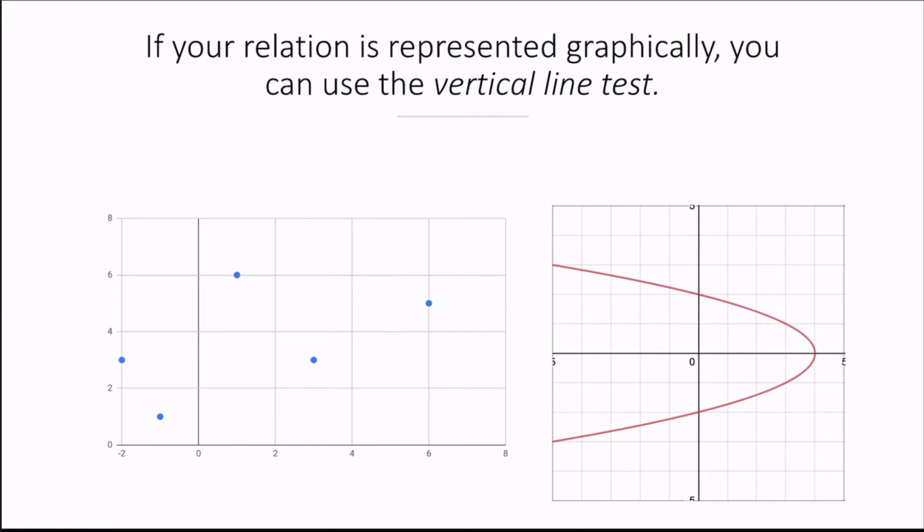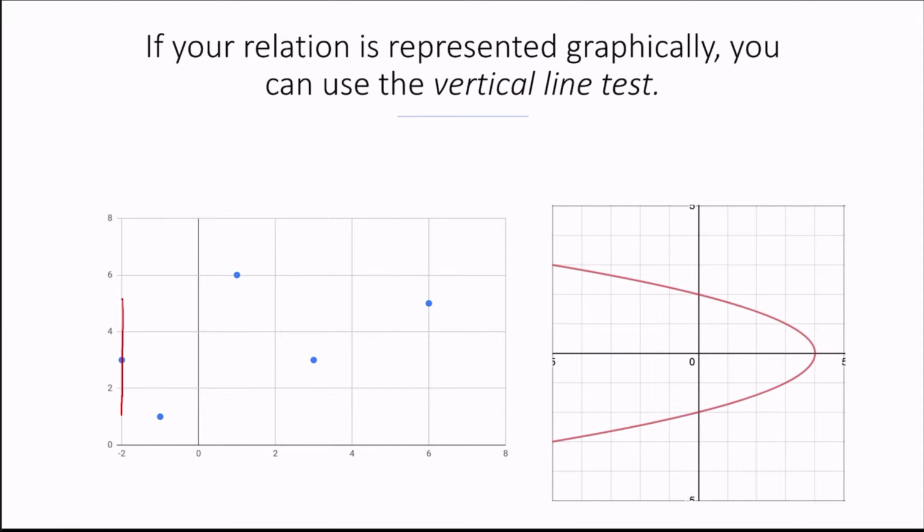If your relation is represented graphically, you can use the vertical line test. The vertical line test: a relation passes the vertical line test and is therefore a function if you can draw a vertical line through every point on the relation and only hit the relation once.